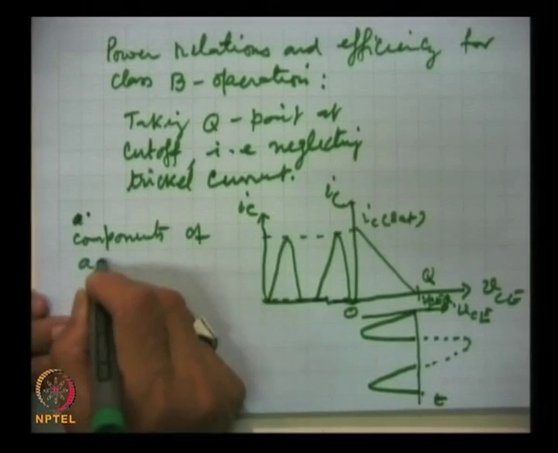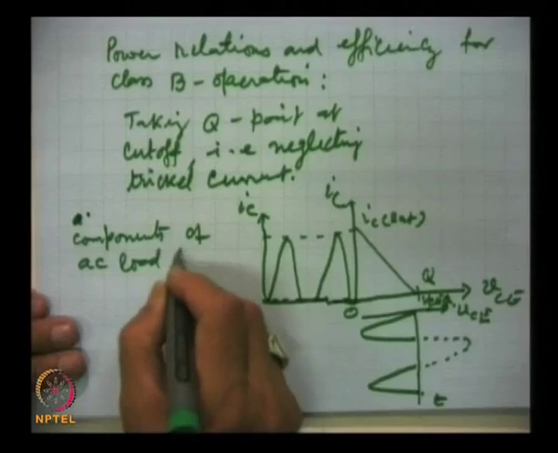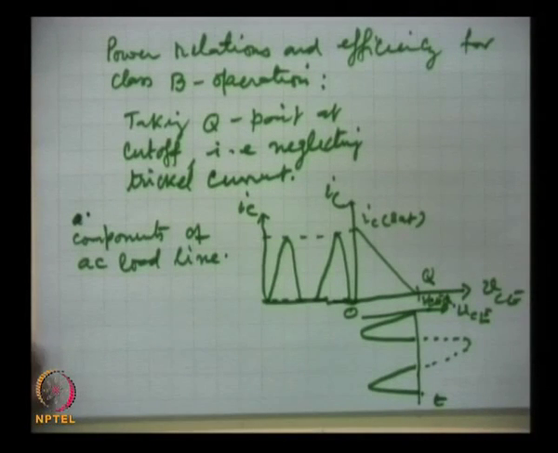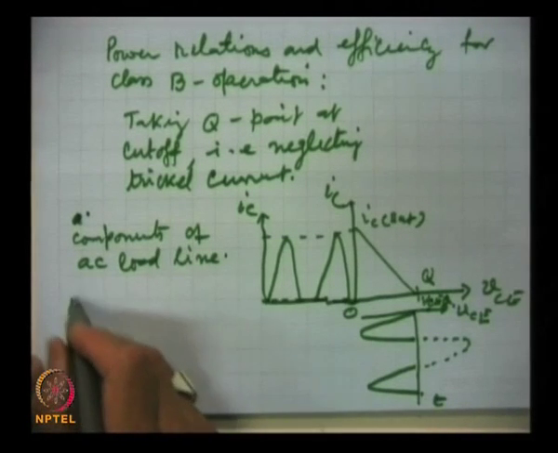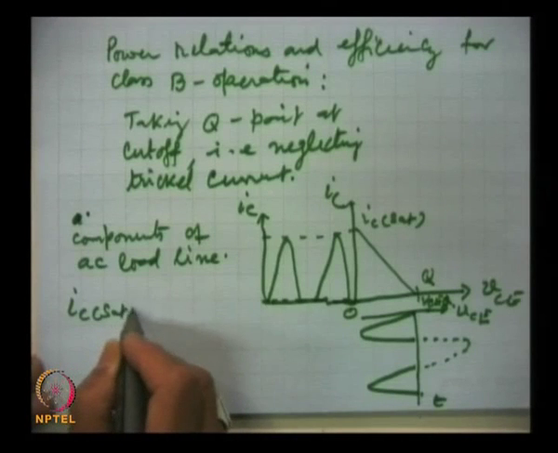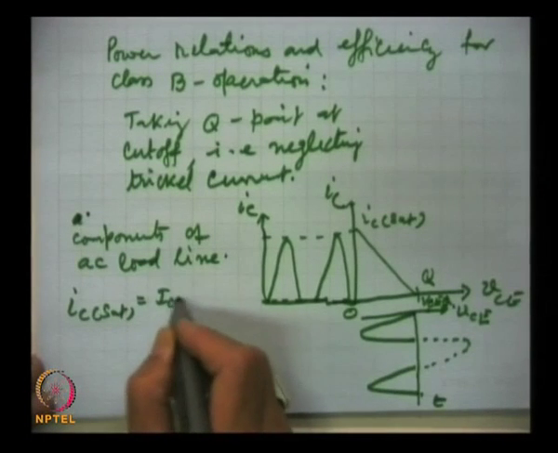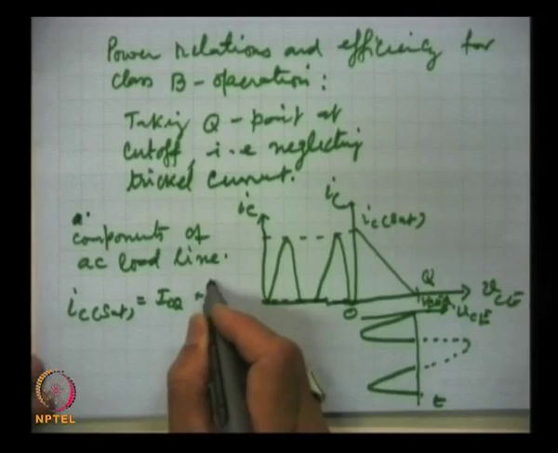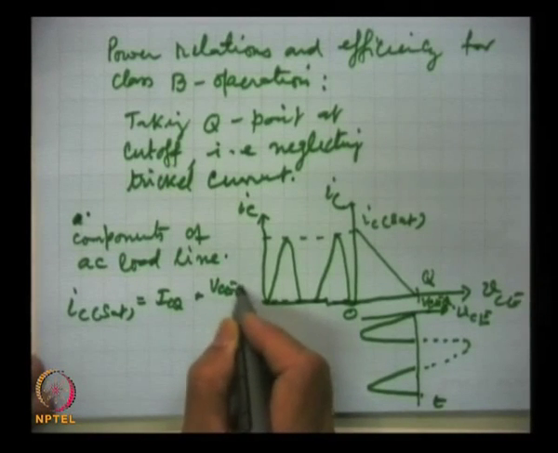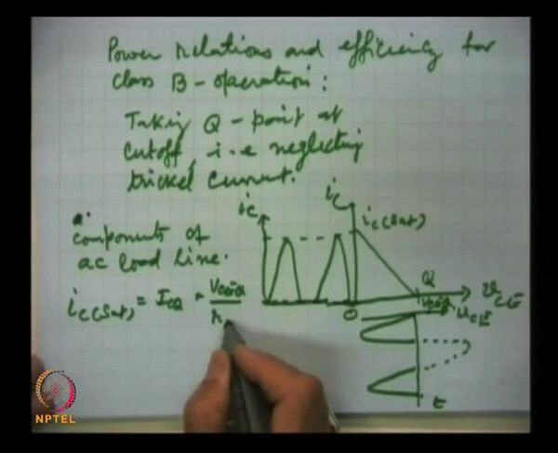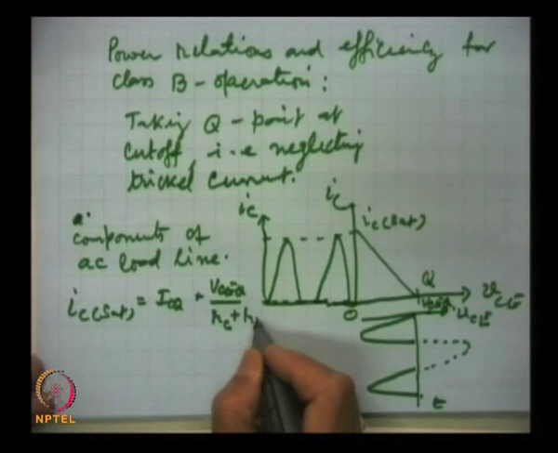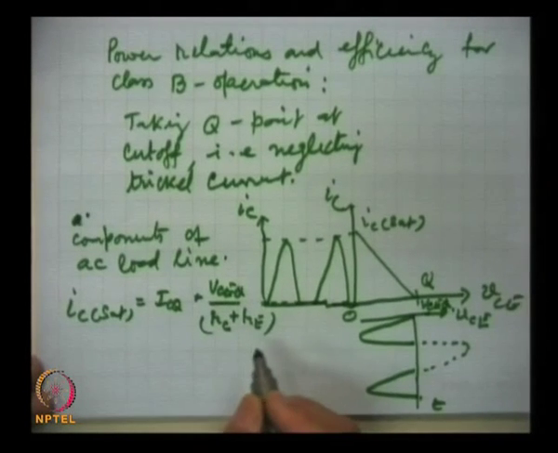IC set was ICQ plus VCEQ by the effective collector and emitter resistance.